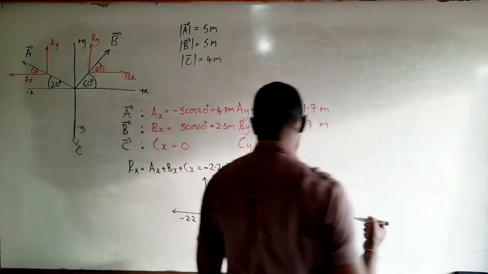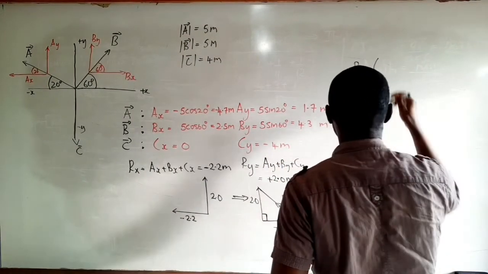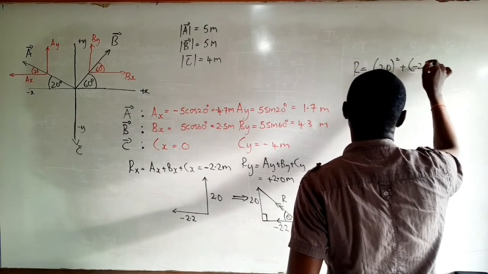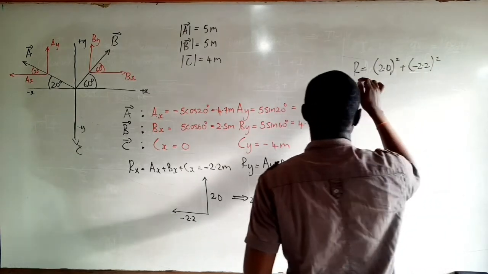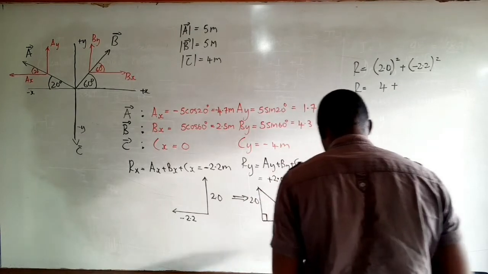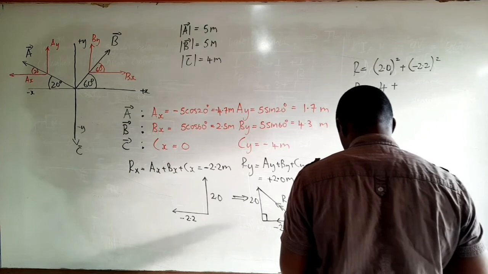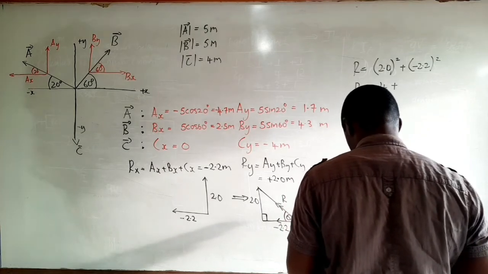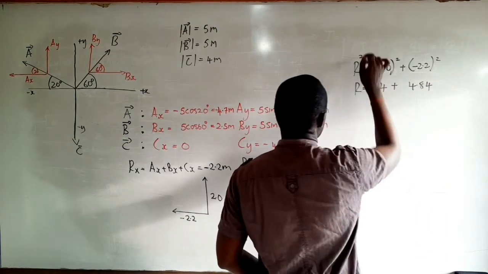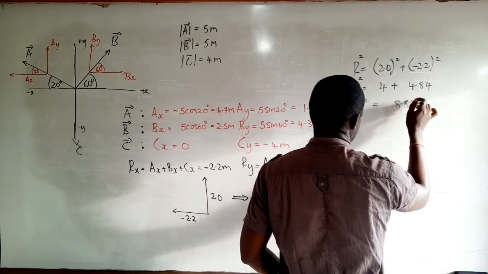So by Pythagoras' theorem, R squared is equal to 2.0 squared plus minus 2.2 squared. So r squared is equal to 4 plus 4.84, so r squared is equal to 8.84.